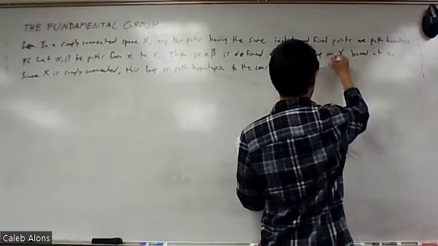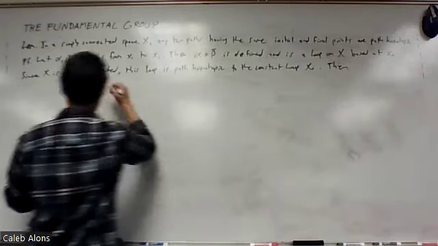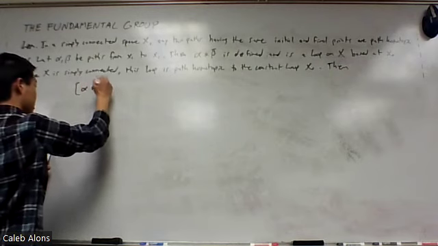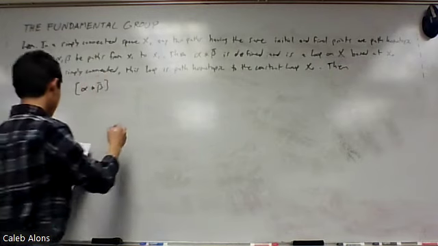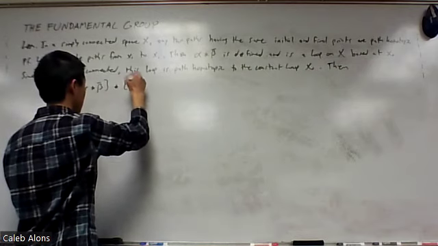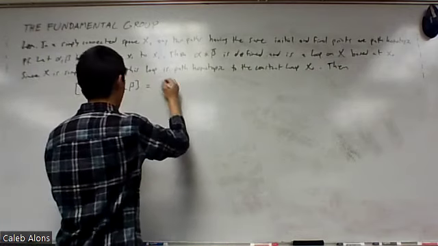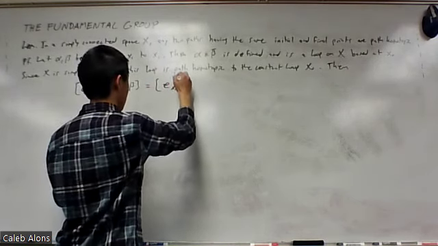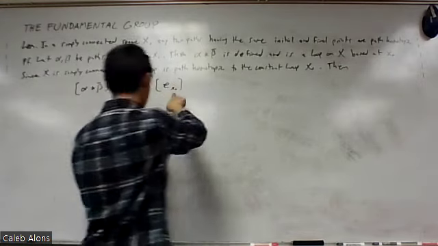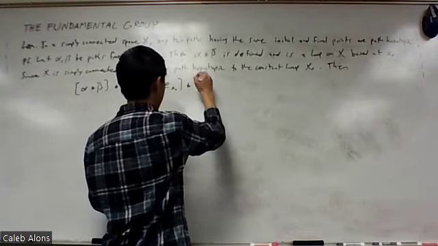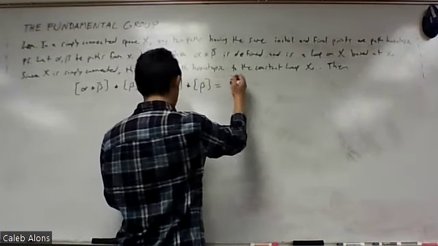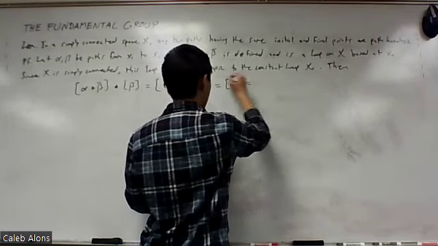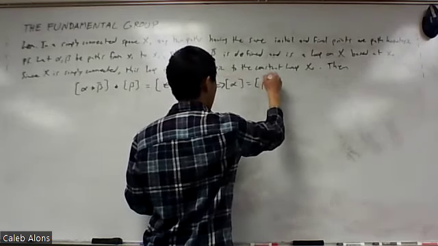For we have that I can take the class of alpha times reverse beta times beta, which is going to give me the identity, which returns basically onto the point itself in the path beta, which means that alpha is beta.